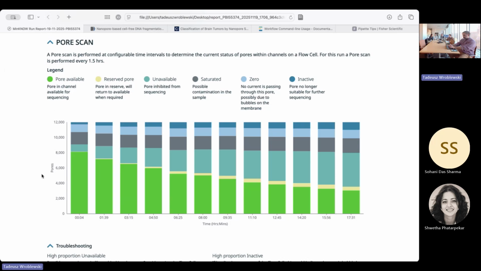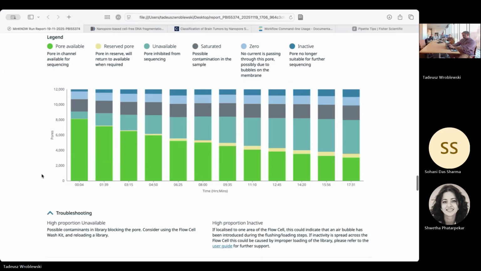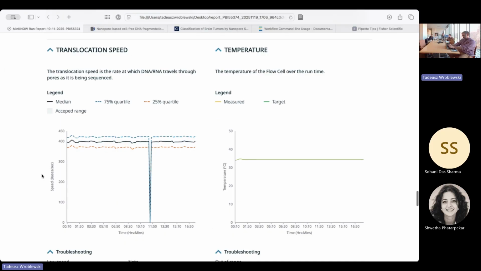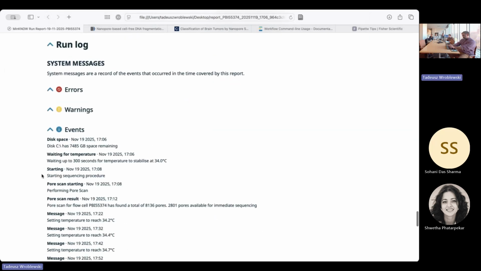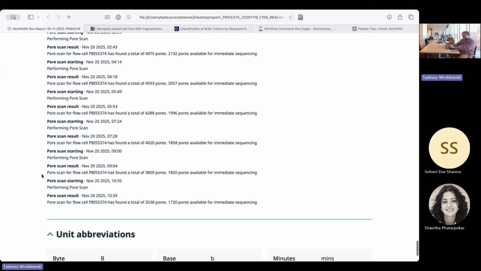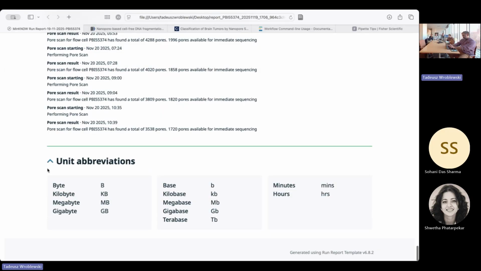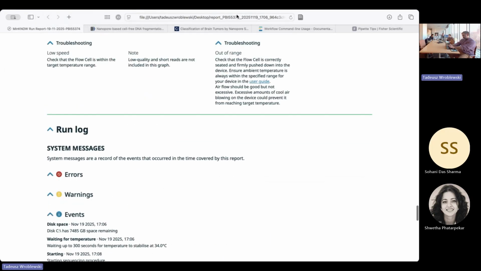There are osmotic imbalances happening, the electrical signal is getting a lot of noise, there is very low resistance, all the things which we talked about earlier. But for this one, it looks okay. Translocation speed looks stable, temperature looks stable, which is a good thing. That's all it is. Let me quickly show you.